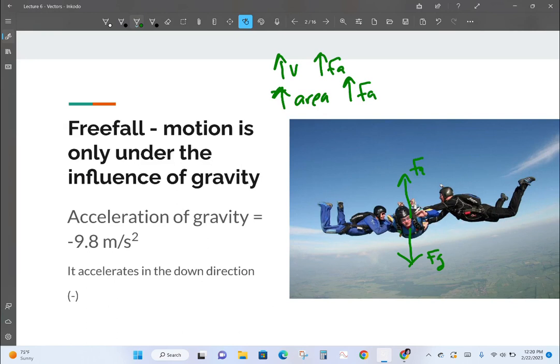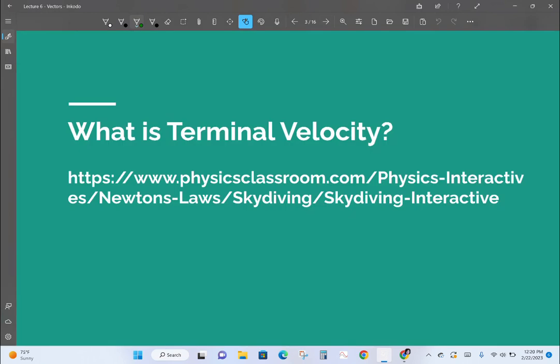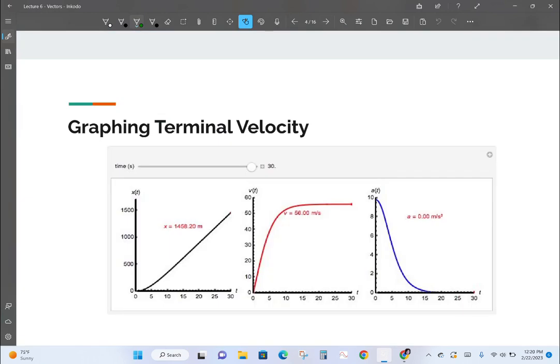So when an object is falling, the force that causes it to fall is gravitational force. And as it falls, the air drag increases until they are equal and opposite.